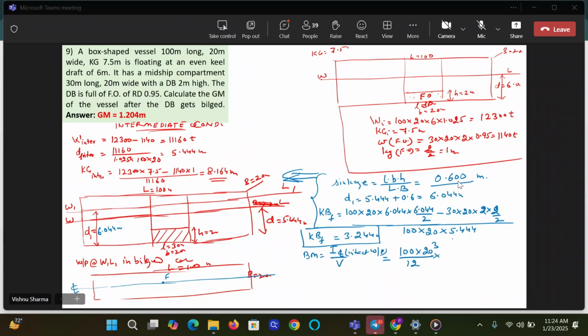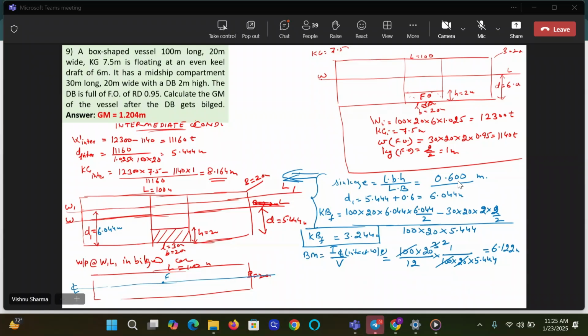Volume of displacement, either you can take by displacement or you can do length into breadth into height. That is your choice, beta. 100 into 20 into 5.444. Again, be careful about the draft. How much does the BM come, beta? 6.122, sir. 6.122 meters.